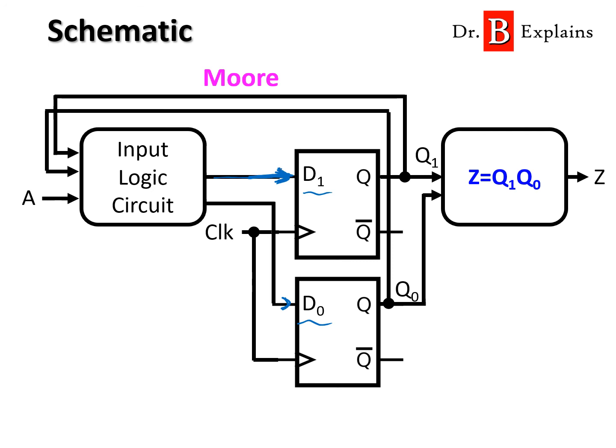So we need to create a table that is going to say, well, if I want my output to be a 0, what do I need to put? What value do I need to put in my input? If I want my value of Q to be a 1, what value do I need to put at the input?